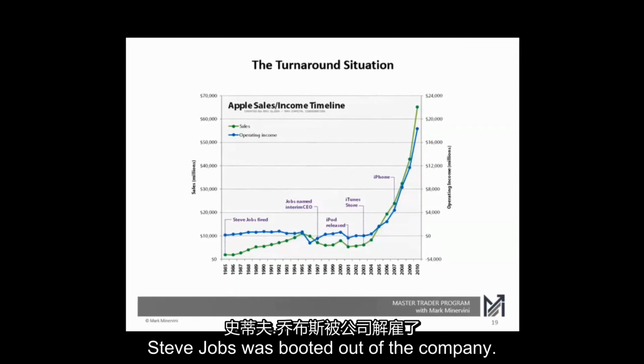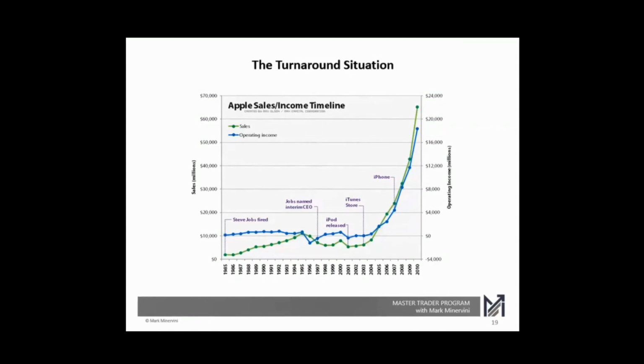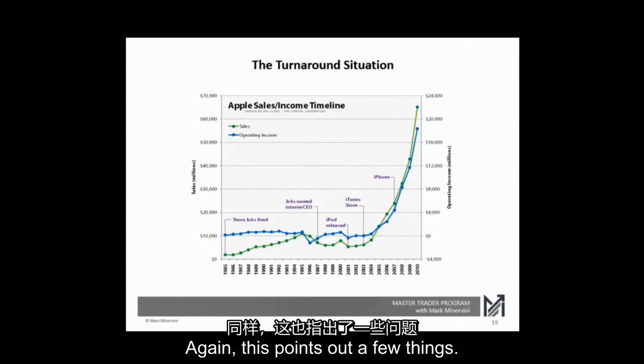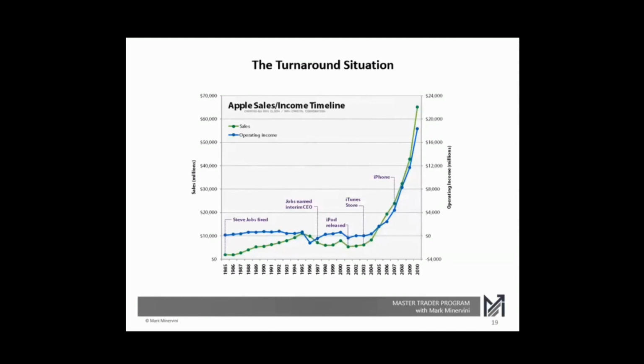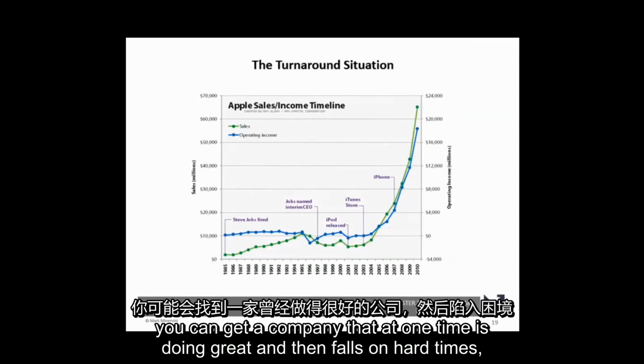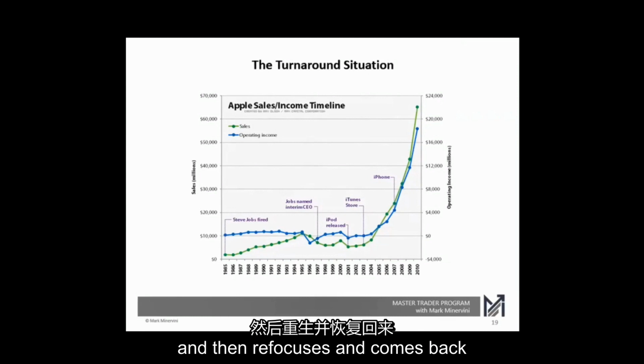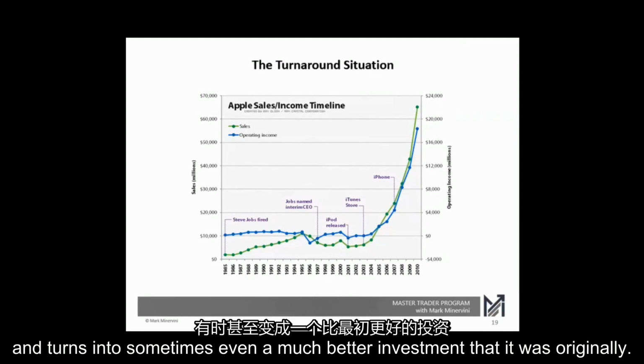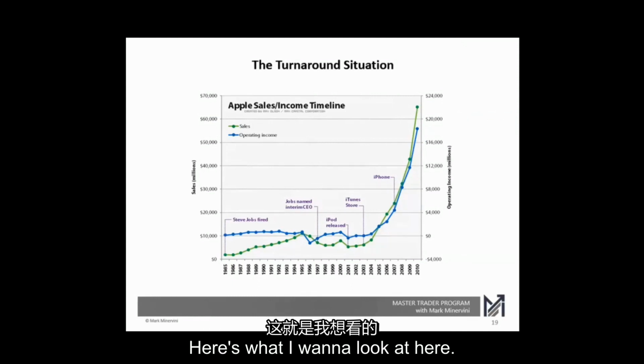Steve Jobs, of course, was booted out of the company. And again, this points out a few things. First of all, a turnaround situation, you can get a company that at one time is doing great and then falls on hard times, and then refocuses and comes back and turns into sometimes even a much better investment than it was originally.